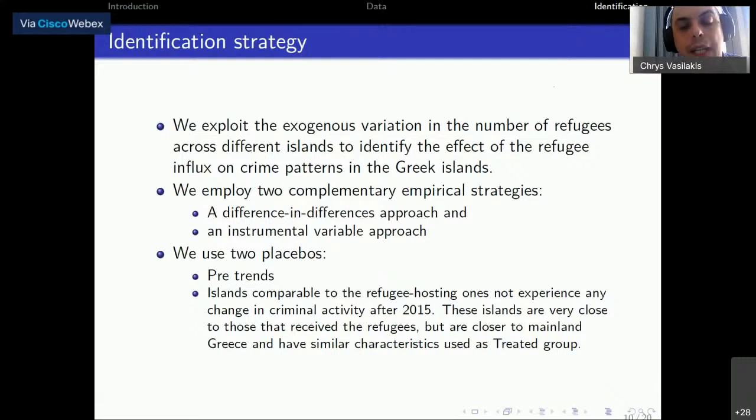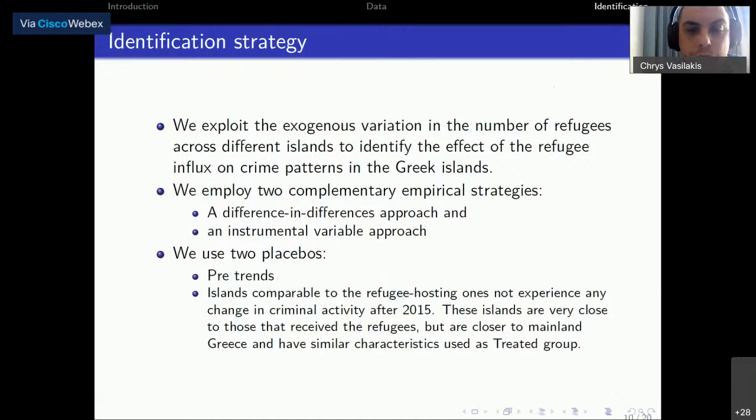Then we run a regression with the crime rates as the dependent variable and the share of refugees in each island as the independent variable, and then we use an instrumental variable approach, where we use the distance interacted with time as an instrument.